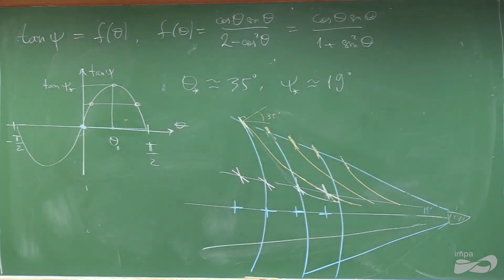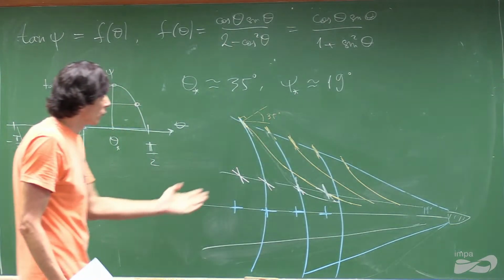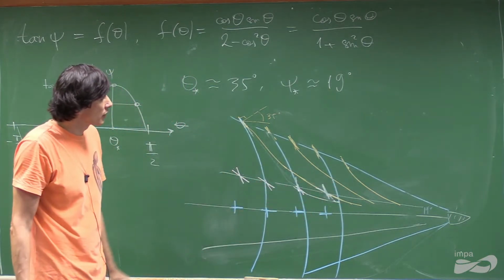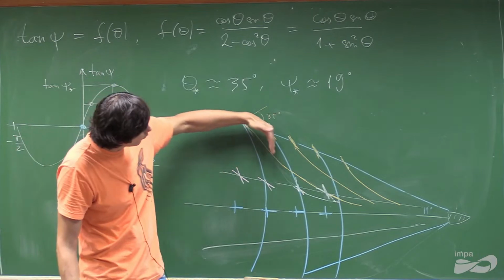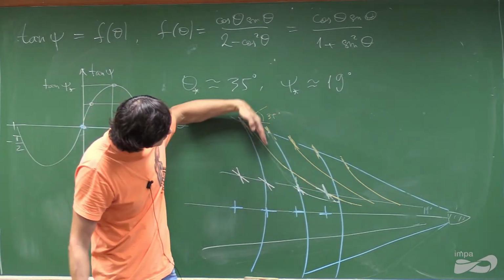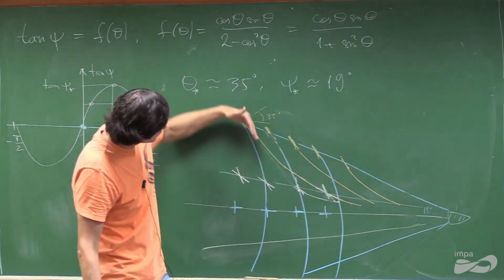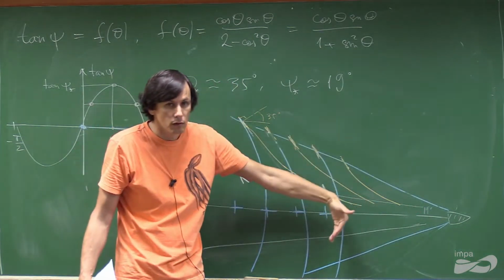So essentially, you have two different types of waves that are in agreement with our dispersion relation. One family of waves corresponds to these curves which become horizontal, and another family becomes transversal.